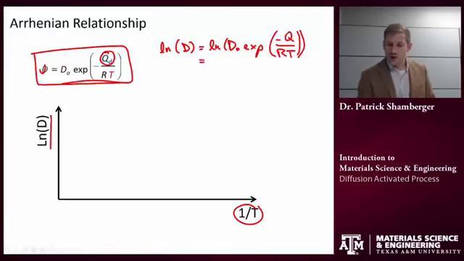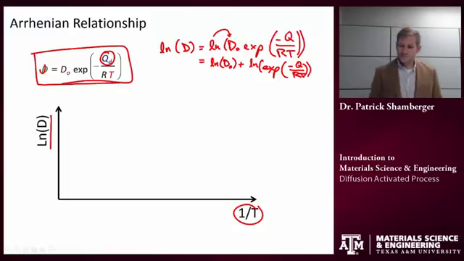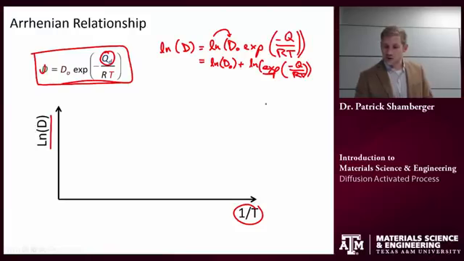If you remember your logarithmic rules, this guy I can bring out. So I can say the log of A times B is the same as the log of A plus the log of B. If I'm taking the log of an exponential, so this x is shorthand notation for e to the something power, right?